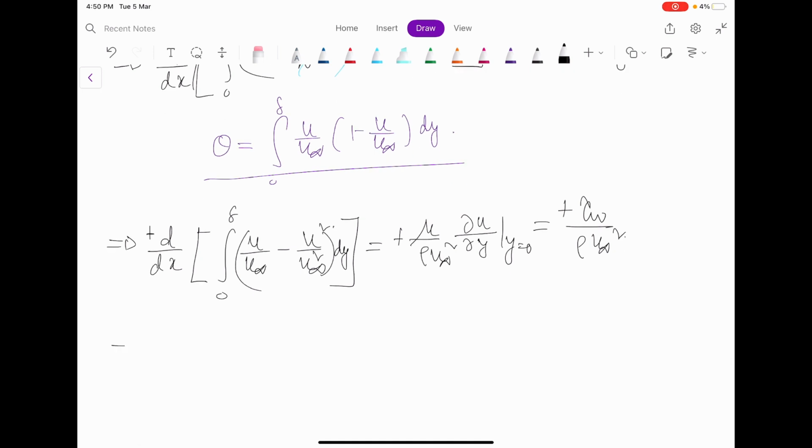So this is the von Karman momentum integral equation for the flat plate. So this is equal to d dx of theta.